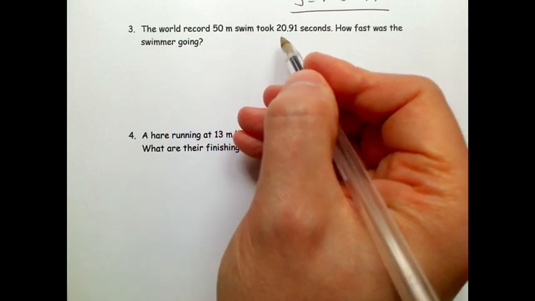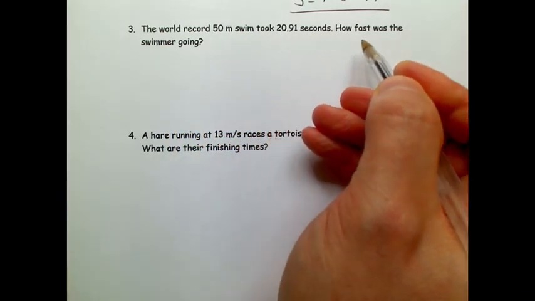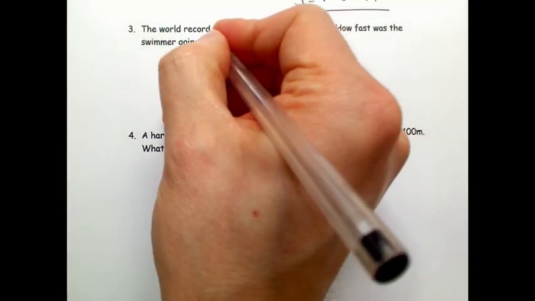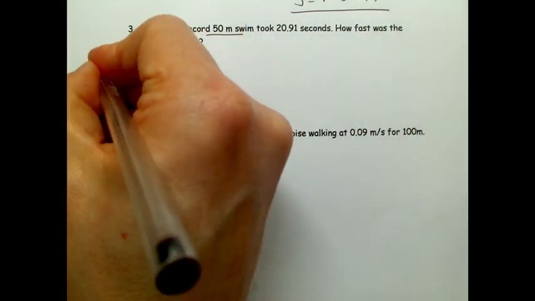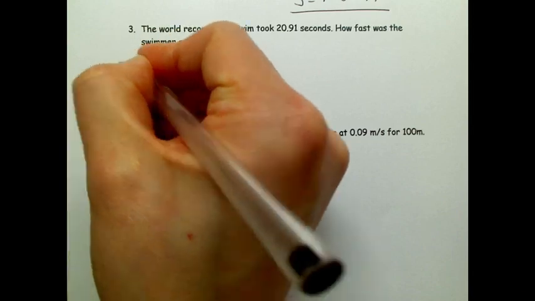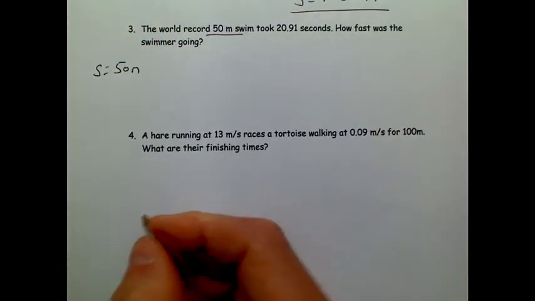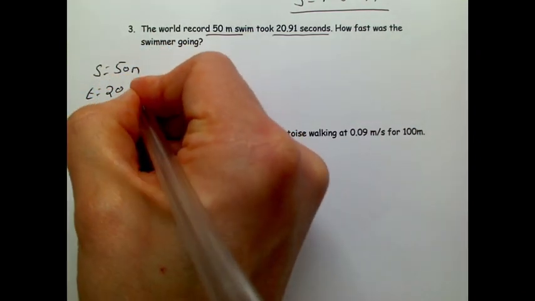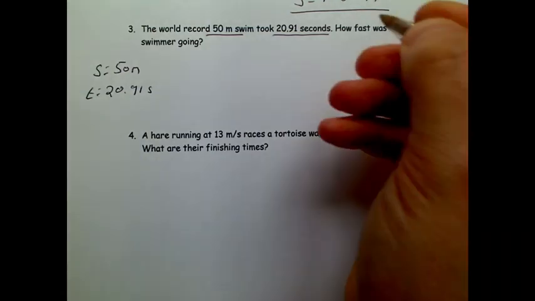Question 3. World record 50 meter swim took 20.91 seconds. How fast was the swimmer going? So my key information, I have 50 meters there. So I've got S of 50 meters. It took 20.91 seconds, so I have a time of 20.91 seconds.